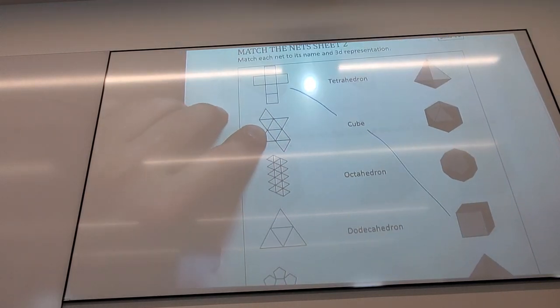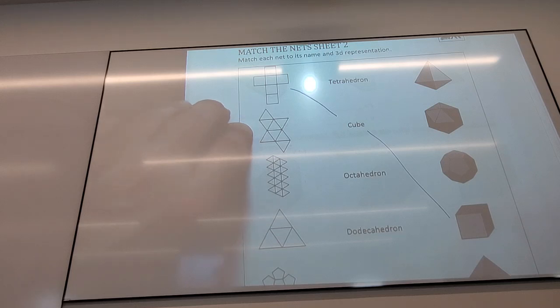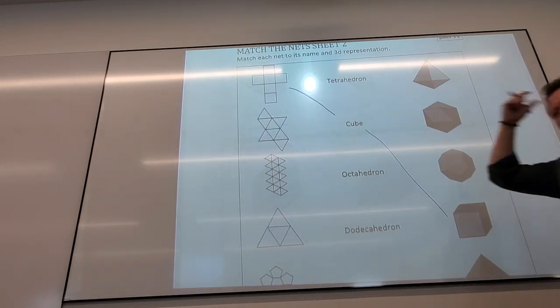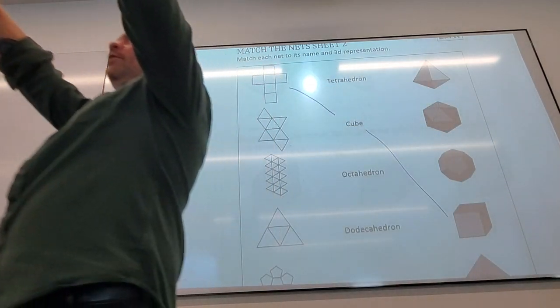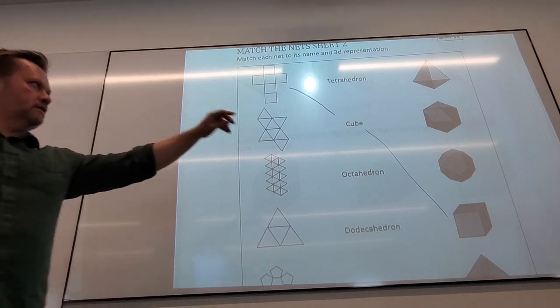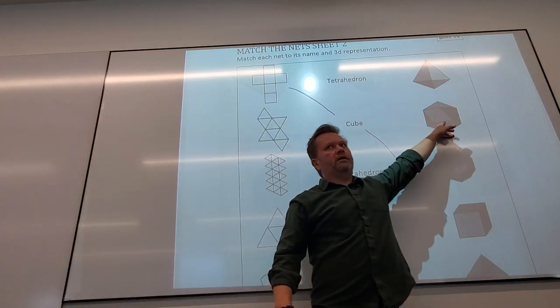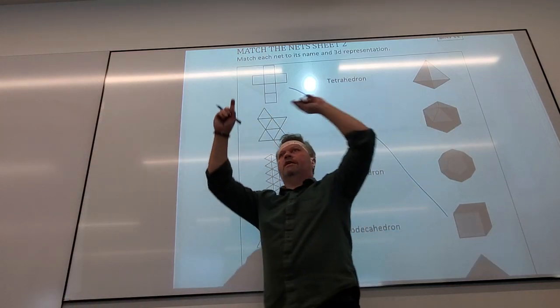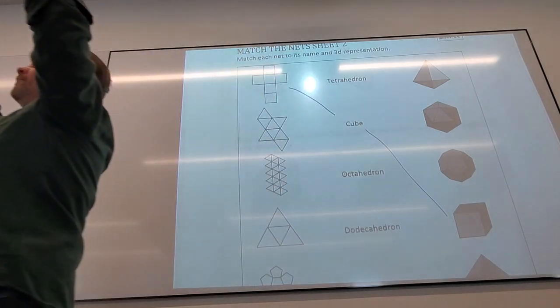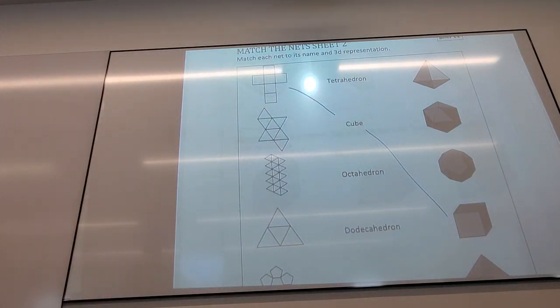This one, I think nobody really had too much trouble with. And the great thing, if you think about it, what's one of the hardest things to get from a picture? If I just gave you this picture, isn't it really difficult for a young student, and sometimes us, to tell how many total faces it has? Whereas if you have these pieces, the students are putting together, they can actually count the faces as they put them together, yes?